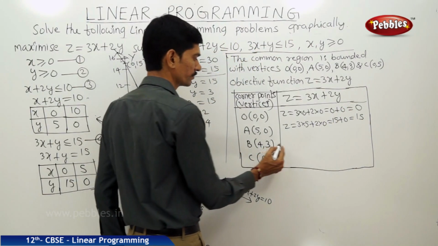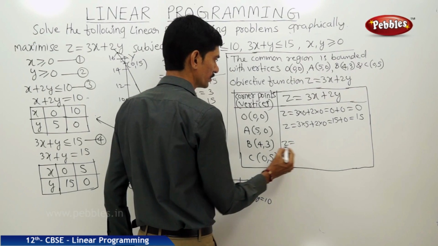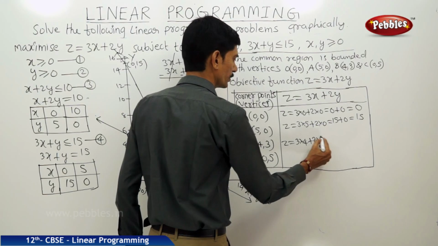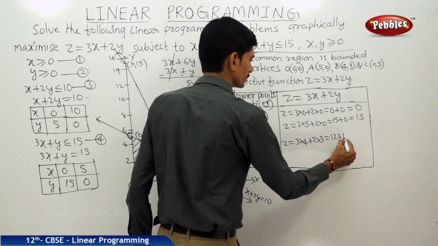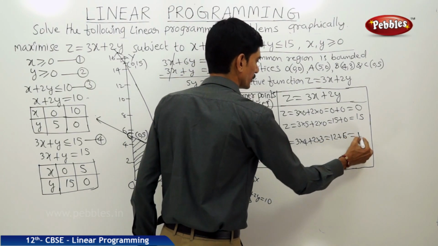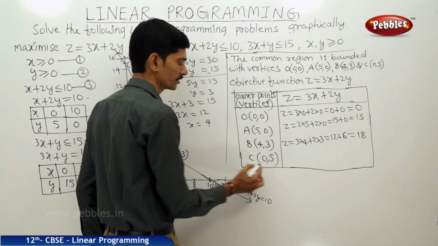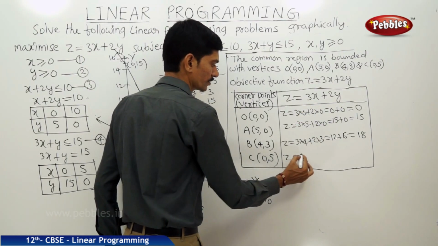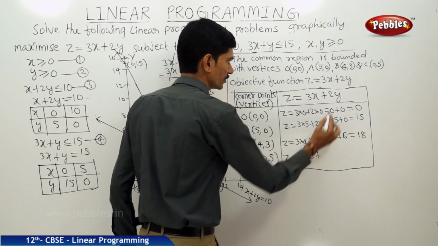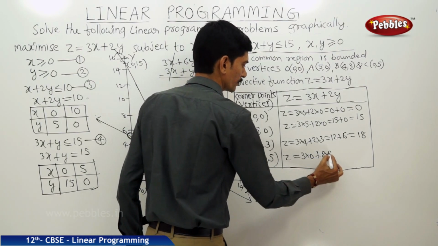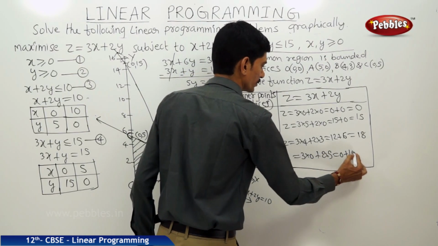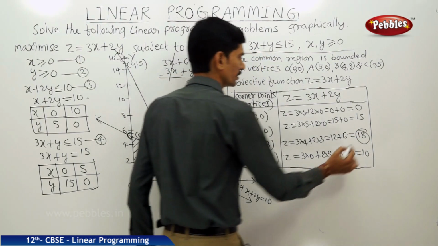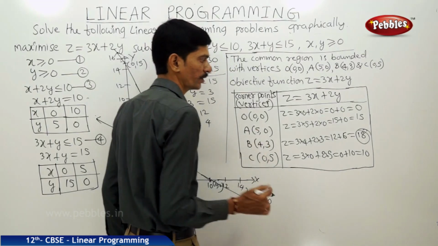At the third vertex B, z value is 3 into 4 plus 2 into 3, 12 plus 6 equal to 18. And at the fourth vertex C, 0 comma 5, z value is 3 into 0 plus 2 into 5, 0 plus 10 equals 10. So the maximum value is 18. It is occurring at the vertex B 4 comma 3.